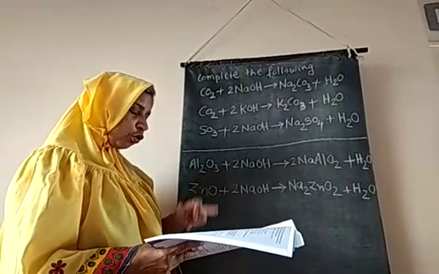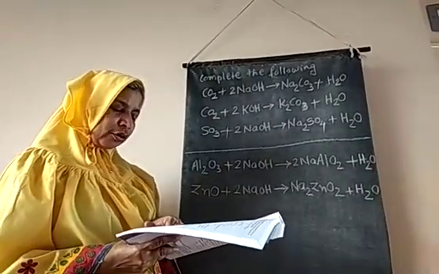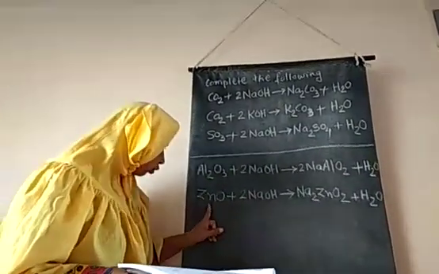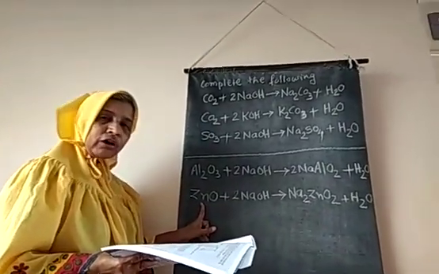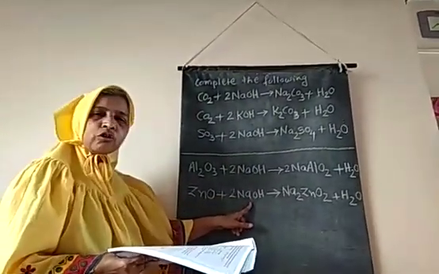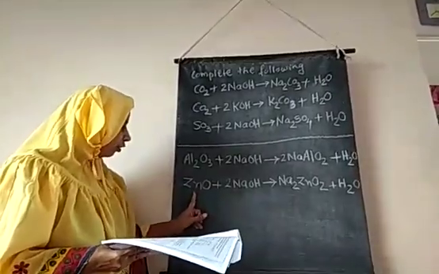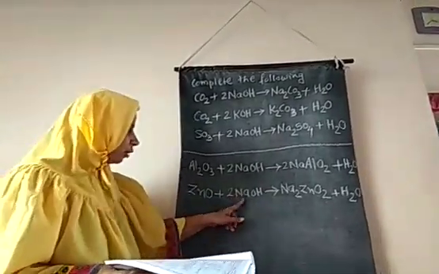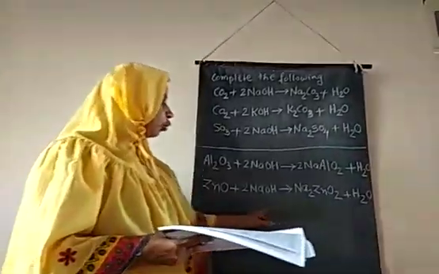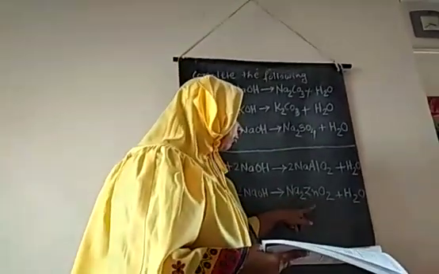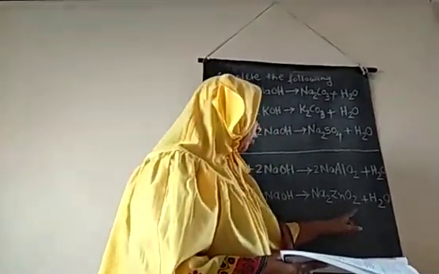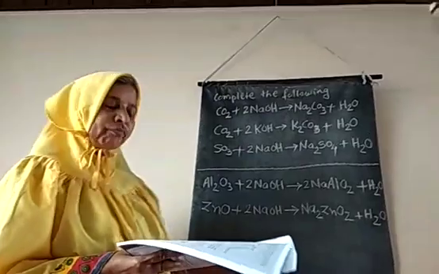First reaction: zinc oxide reacts with sodium hydroxide. Zinc oxide, ZnO, reacts with sodium hydroxide to form sodium zincate and water molecule.